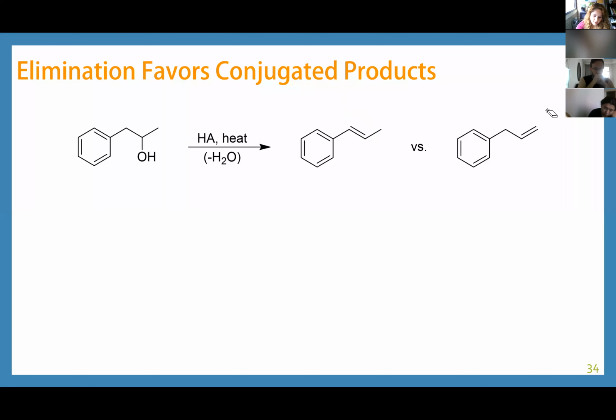So if you have an alcohol substituting the position one removed from the benzylic position, and you heat it up in the presence of an acid, a concentrated acid, no water present, you would end up favoring the conjugated product.